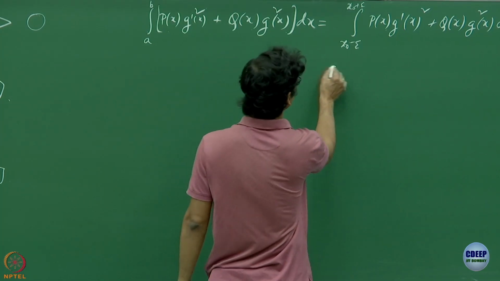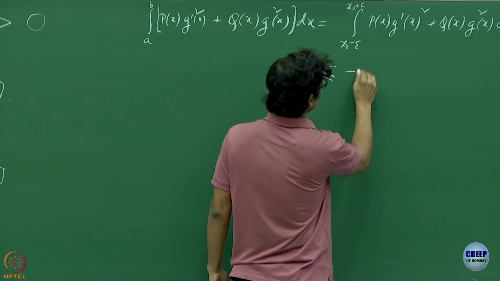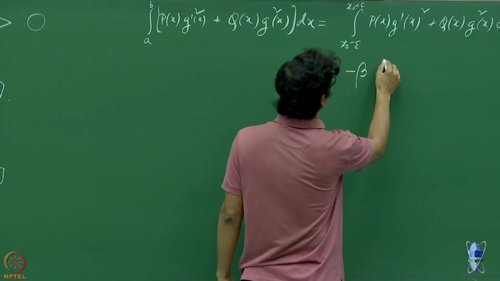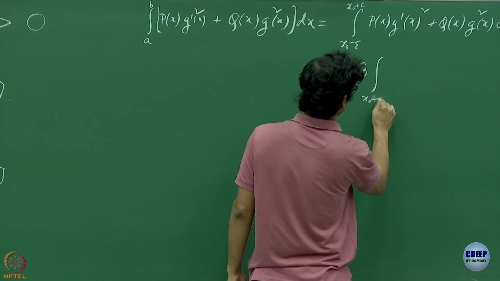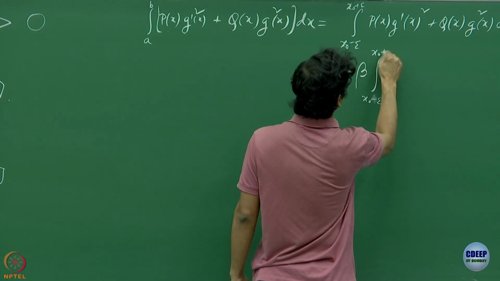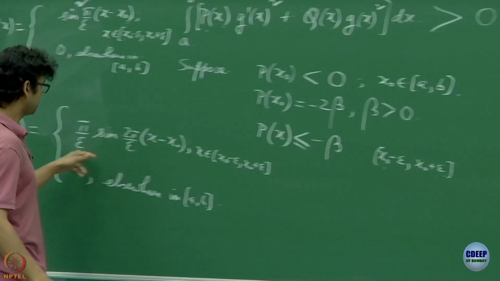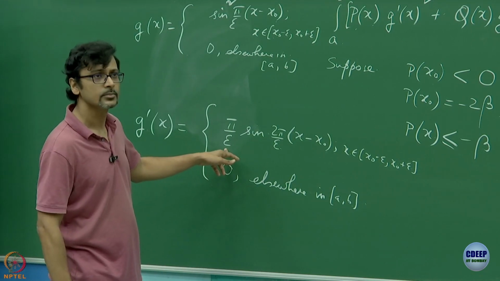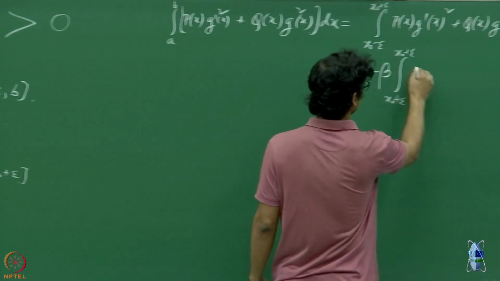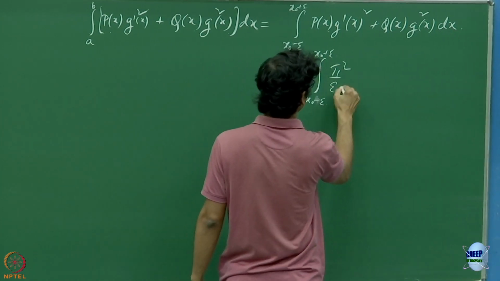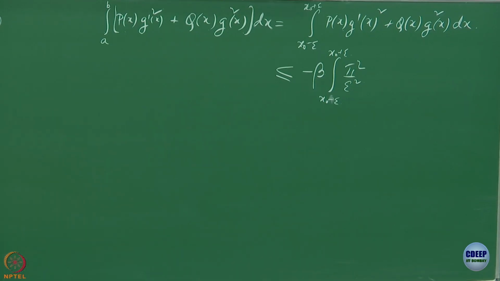So this is less than or equal to minus beta times the integral from x naught minus epsilon to x naught plus epsilon, and g prime x is this. So this is squared, so you have pi squared by epsilon squared, sine squared of this, right?